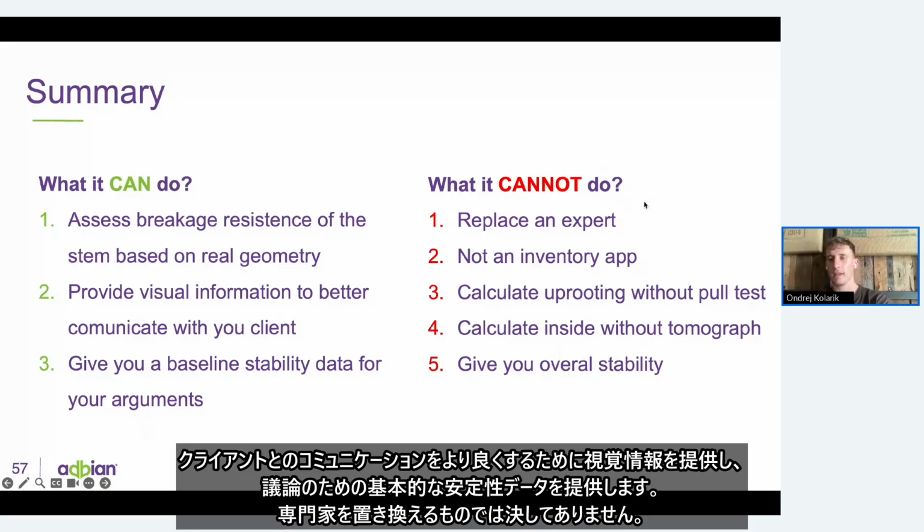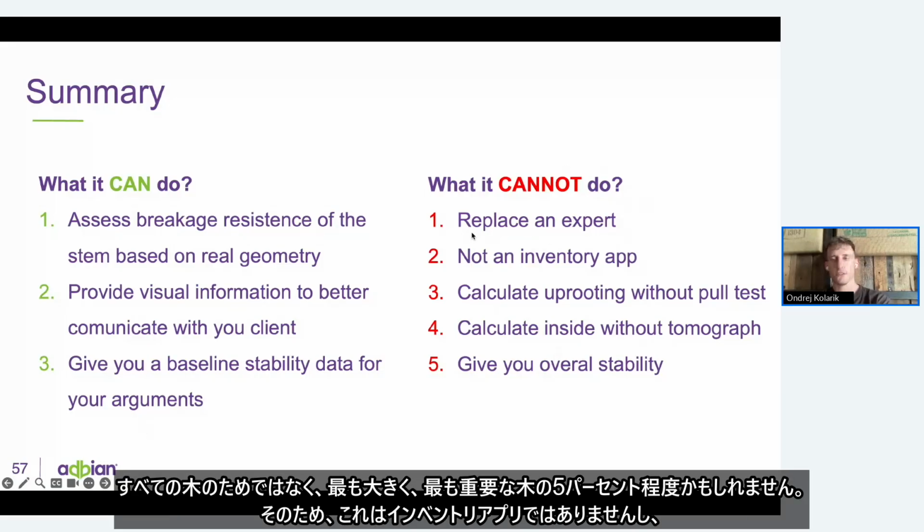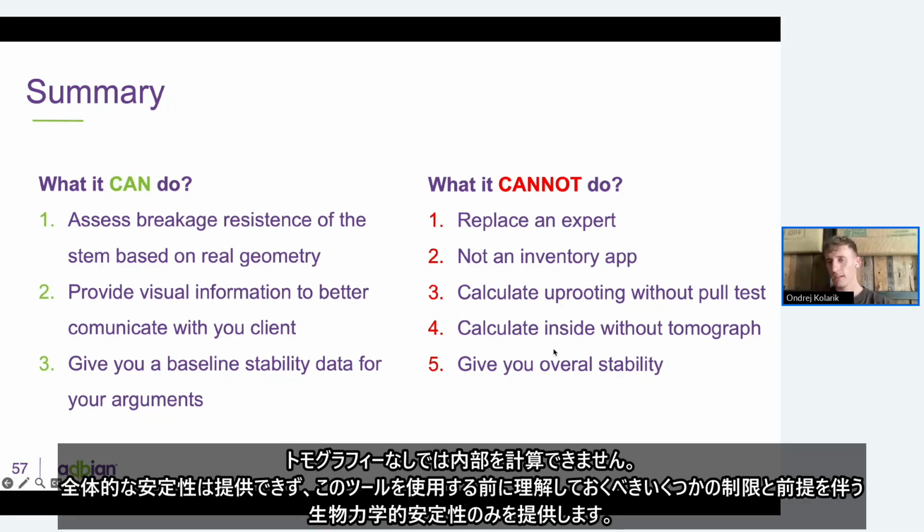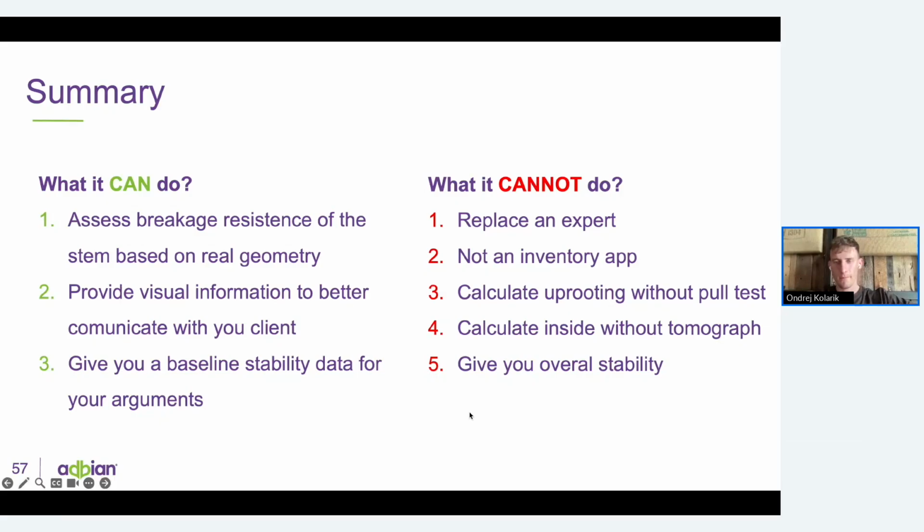It's definitely not replacing the expert. It's not for every tree. It's maybe for 5% of the biggest and most important trees. So it's not an inventory app. And it cannot calculate the inside without tomography. And it cannot give you overall stability, only biomechanical stability with some limitations and some presumptions, which are important to understand before using this tool.